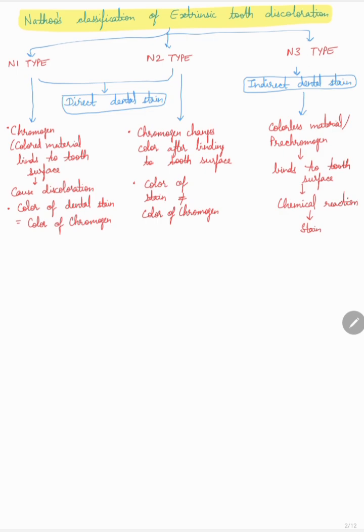In N3 type or indirect dental stain, colorless material or pre-chromogen binds to the tooth surface, undergoes chemical reaction and causes stain. So extrinsic tooth discoloration classification was given by Nathoo, and it is of three types.